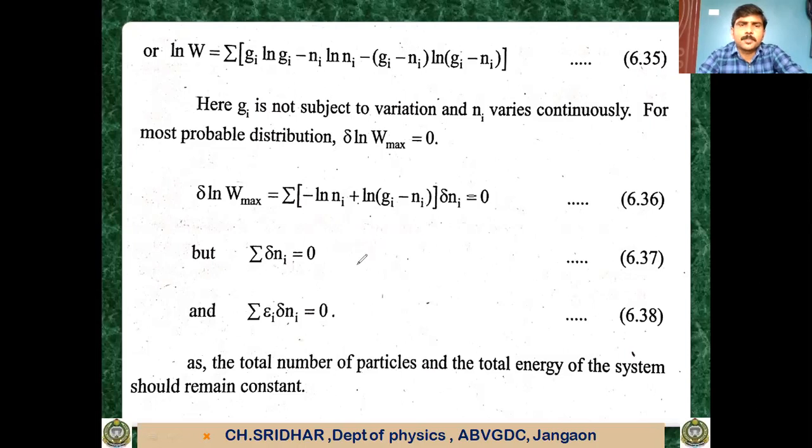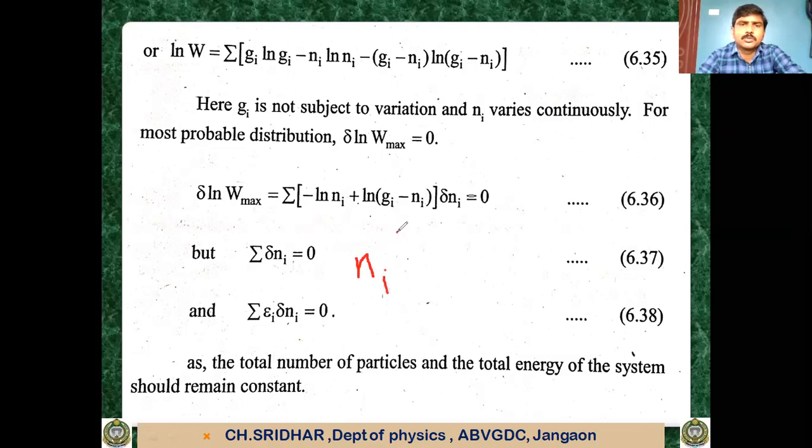and that gives, on differentiating the equation, Ni into 1 by Ni, since d by dx of log x is 1 by x, so it is 1 by Ni, with a negative sign.